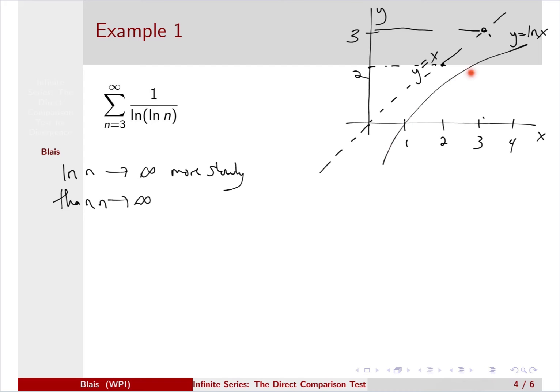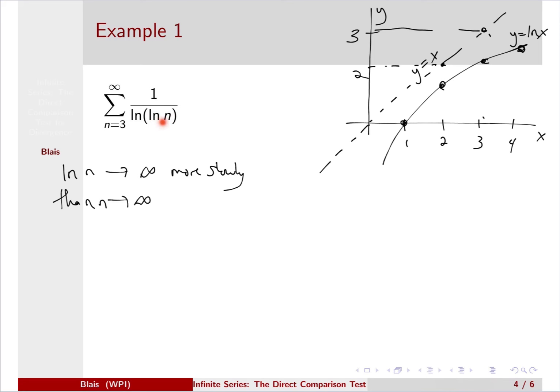Just tracing along these graphs here and knowing that if you evaluate these at the counting numbers, which are along for the ride, that just means natural log n is taking its sweet time to get to infinity when compared to n.